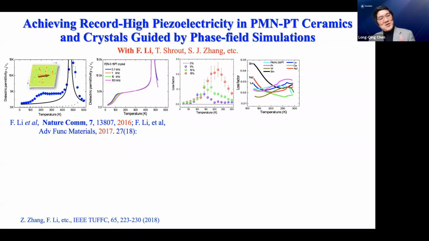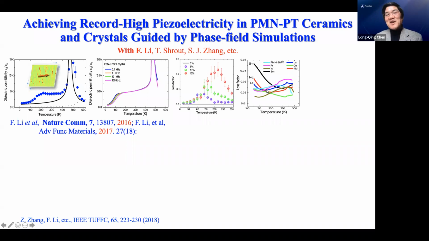The loss in the first figure is at very low temperature, where only those small nanoscale polar regions are responding. If we have more of those nanoscale regions, we can achieve high piezoelectric response.